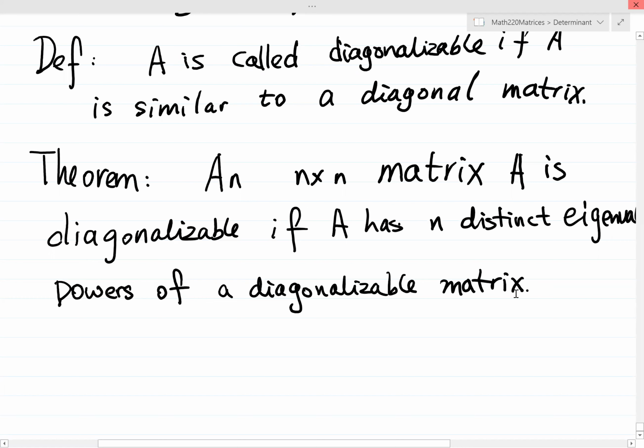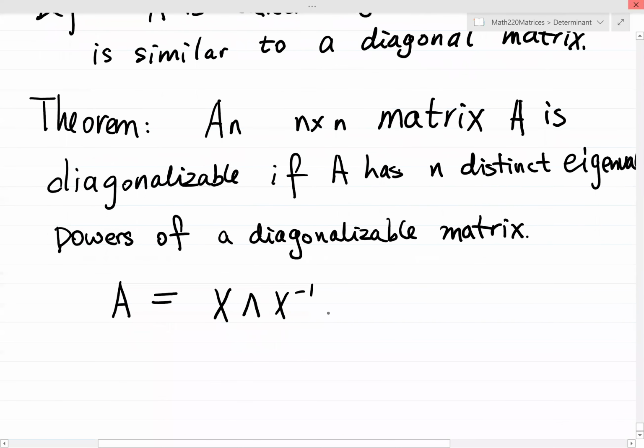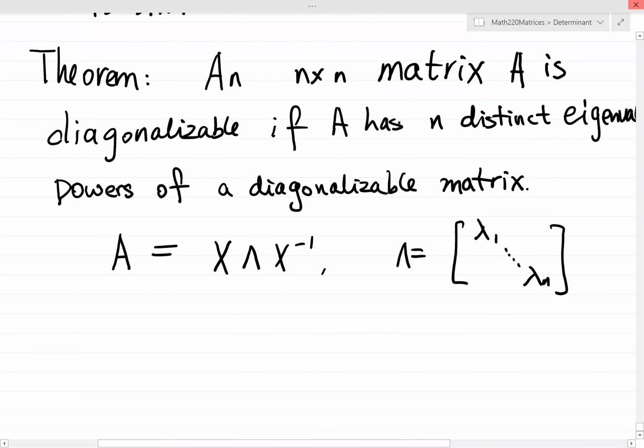Now if A is diagonalizable, we can write A as X gamma X inverse. Here X is an invertible matrix, and gamma is the n by n diagonal matrix with diagonal entries lambda 1, lambda 2, up to lambda n, and all other entries 0. Then A squared is X gamma X inverse times X gamma X inverse.